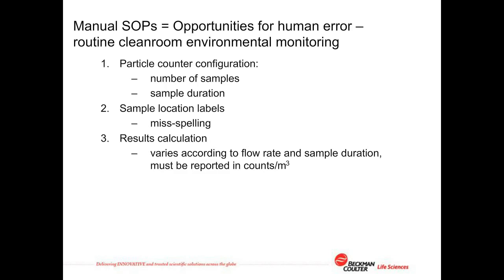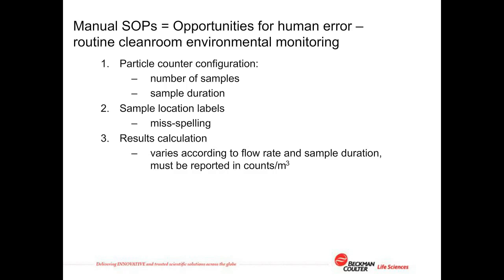And then, of course, the particle counting results: according to the GMPs, we're required to report those results in counts per cubic meter. So typically the particle counter is set to run, it is not a rule, but this is what I've observed, people run them for 1 minute or 3 minutes and average the results. But the particle counter doesn't take a cubic meter sample in a 1 minute run.